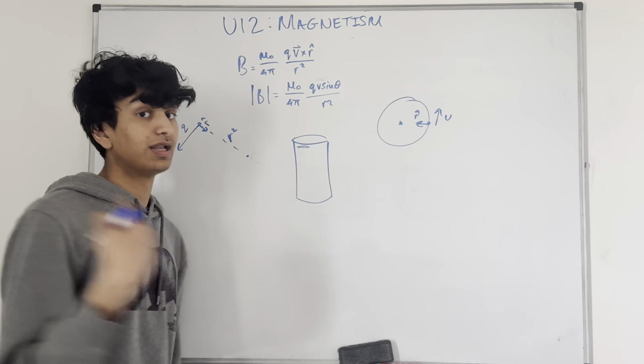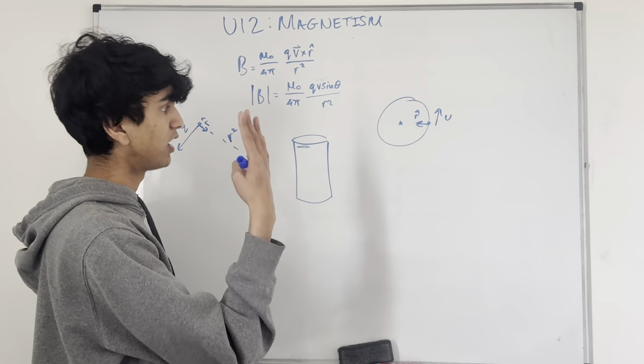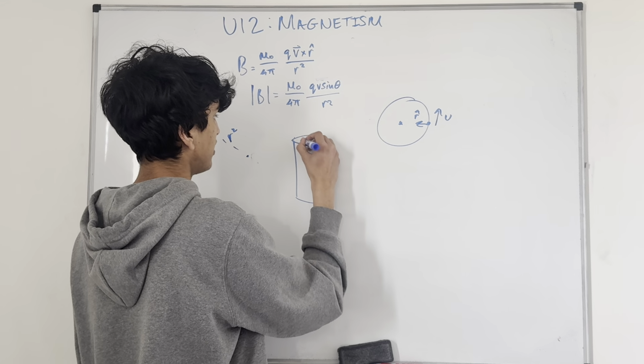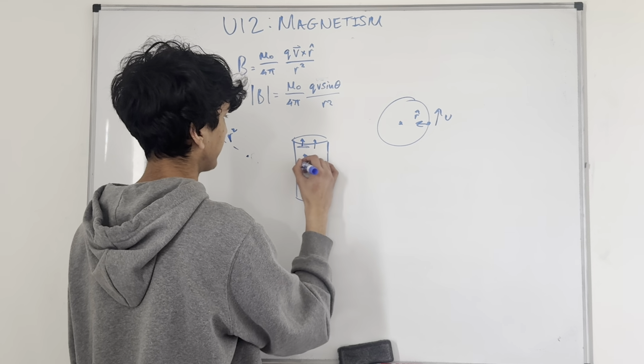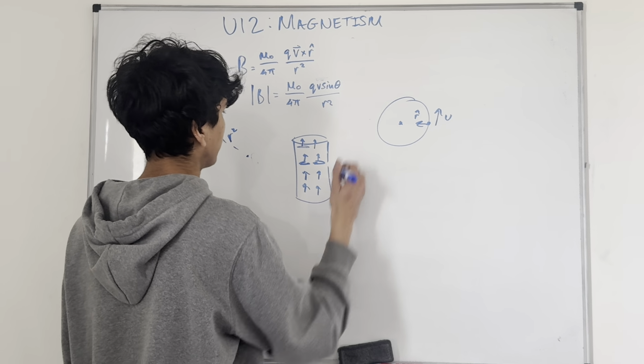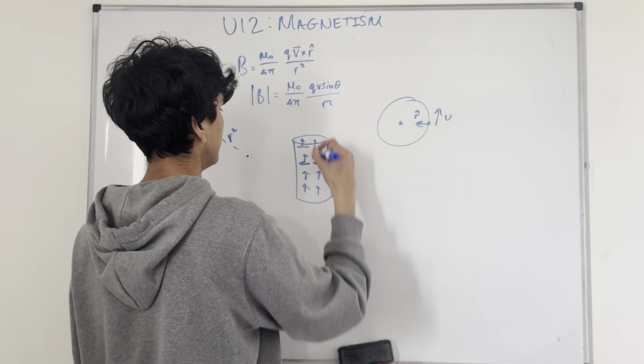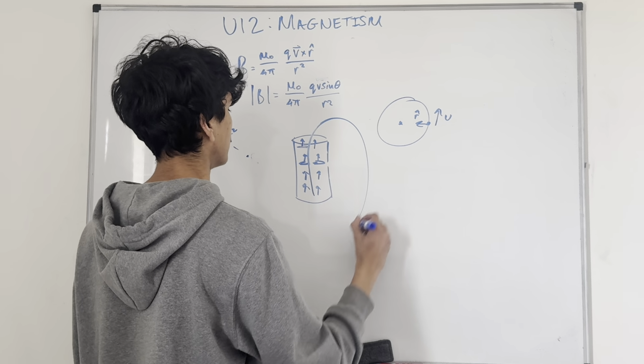When they're all aligned, we call them magnetic domains. When all of the magnetic domains are aligned upwards, you get a net magnetic field, because they're all producing small magnetic fields. The net effect would be a total magnetic field like so.